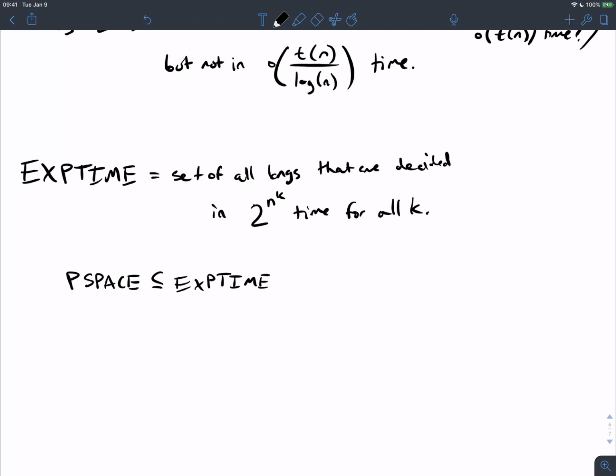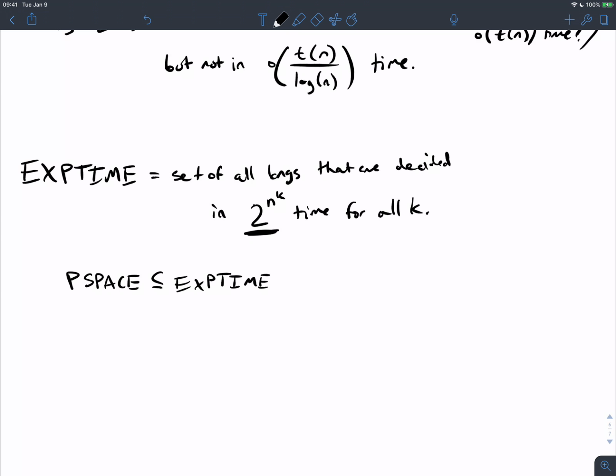Well, I'm just going to sketch it. If you have a polynomial amount of space, how many possible configurations do you have? Well, 2 to the number of cells that you use, which is polynomially many. Well, look at the amount of time you use. It's the exponential, essentially, of a polynomial. And so PSPACE is a subset of EXPTIME because we can just look at all possible configurations. There are only exponentially many of them. And then, therefore, PSPACE is a subset of EXPTIME.